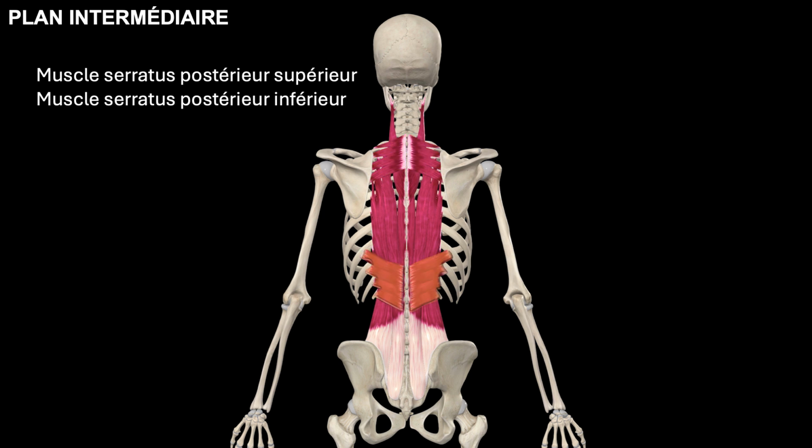The serratus posterior inferior originates from the lower borders of the last 4 ribs, with the fibers running upward and laterally to insert on the transverse processes of T12 to L3.